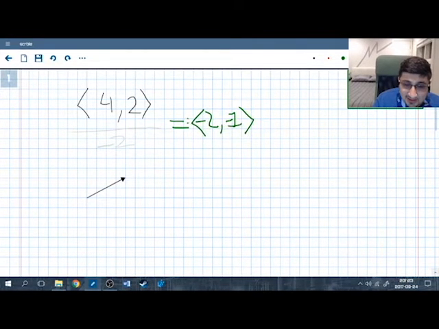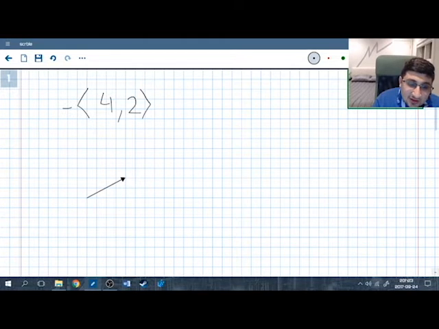Past that, you're going to have to only operate with other vectors. More specifically, we're going to be able to add and subtract other vectors. So for example, we'll add this to another vector, say 3 comma minus 2. And so in order to figure this out, it's very simple.